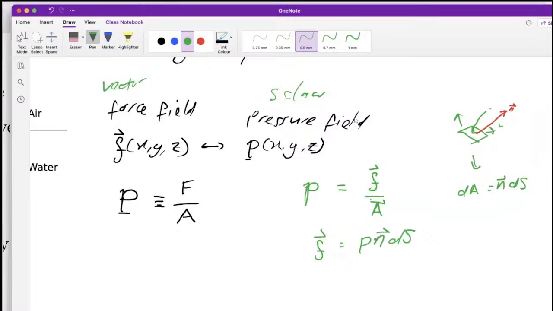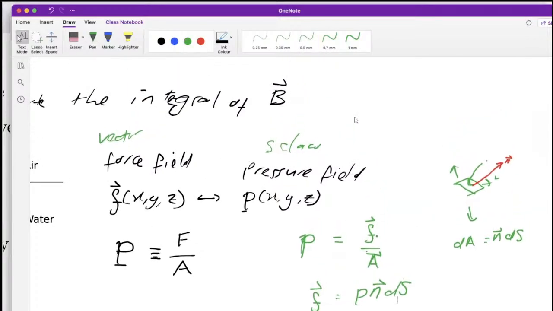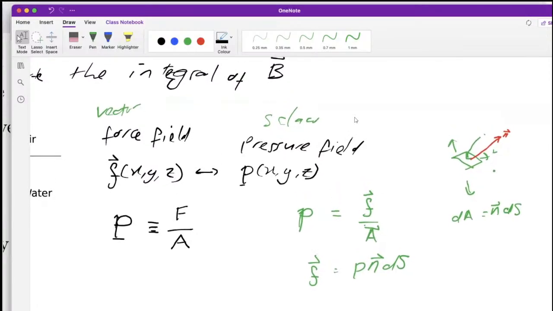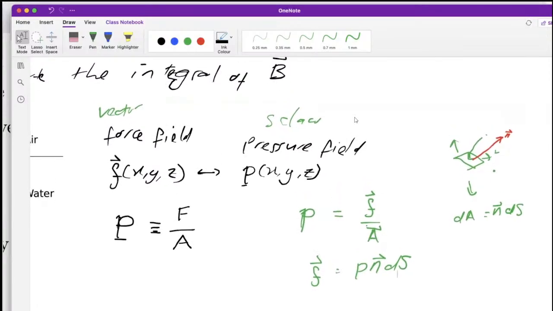And as you can imagine, because when I define n to be pointing outwards, by definition, pressure is acting to, because we are looking at the surface of the body, and the body experiences pressure towards it, so it's going to have the opposite direction. Yeah.